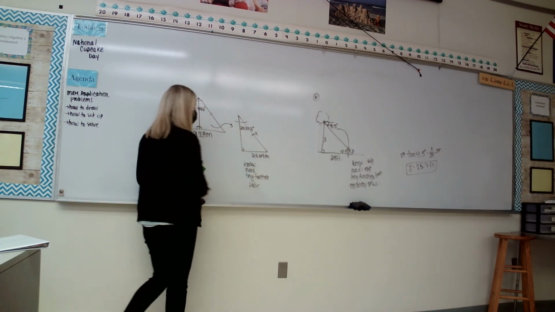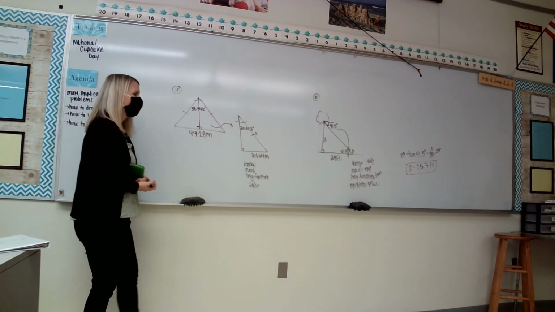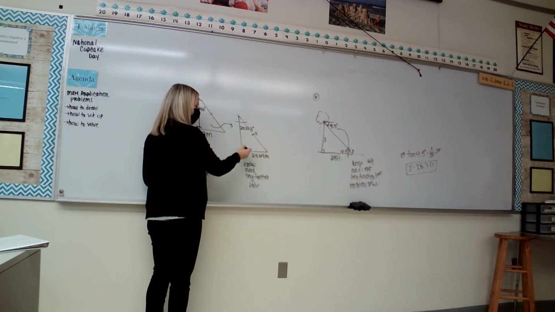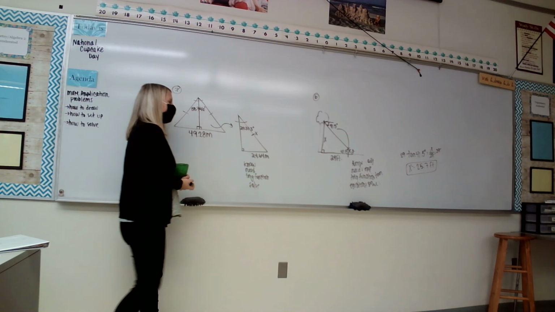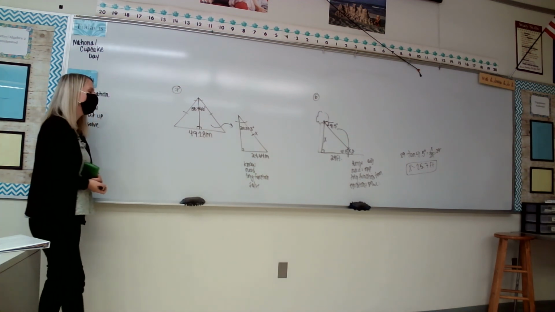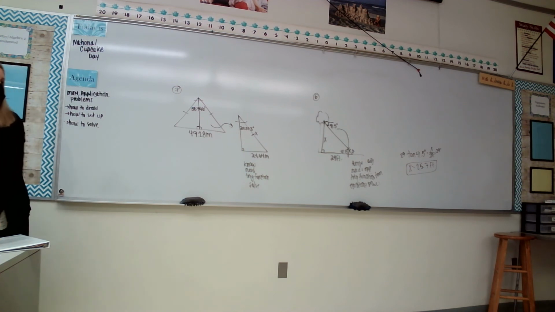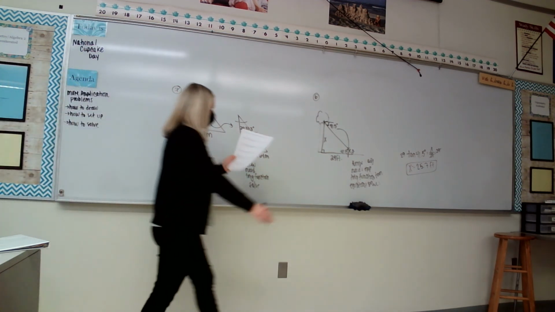I'm too lazy, so I'm not going to write the equation and stuff. So when you think about it from here, you know opposite. You need hypotenuse this time. That's across from the 90. So opposite and hypotenuse, what trig function should you use? And then can you solve it? And then while we're here, let's just set up 8, because then I'll give you guys a few minutes and then we'll wrap everything up.